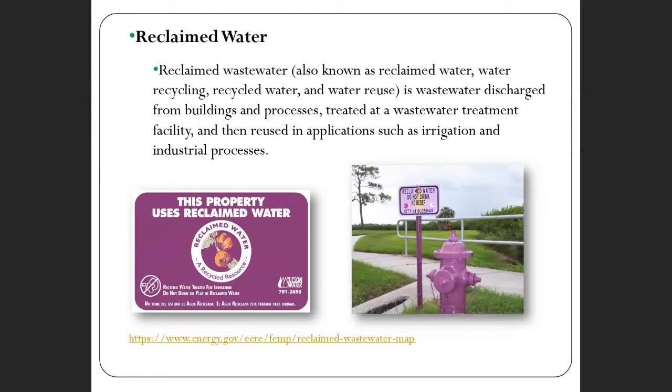They're taking water from the wastewater treatment plant and then piping it back through purple pipes. There's a purple fire hydrant. They're bringing their water back and using some of that reclaimed or recycled water for things like watering the golf course, landscape irrigation, et cetera, and reused in applications such as irrigation and industrial processes.